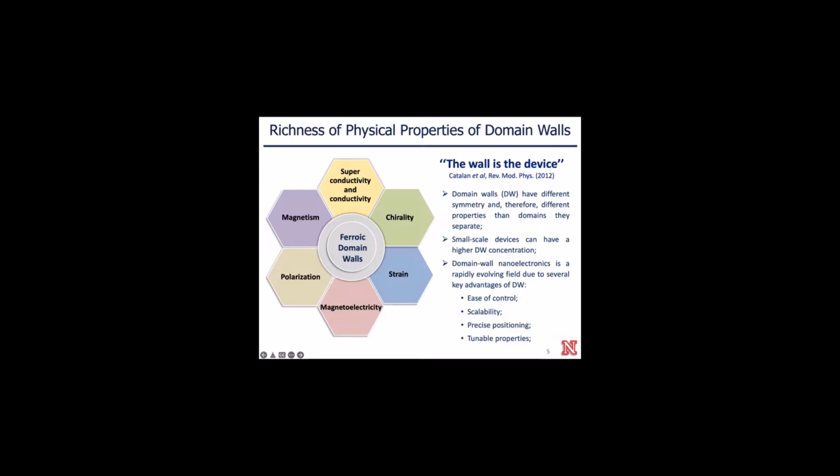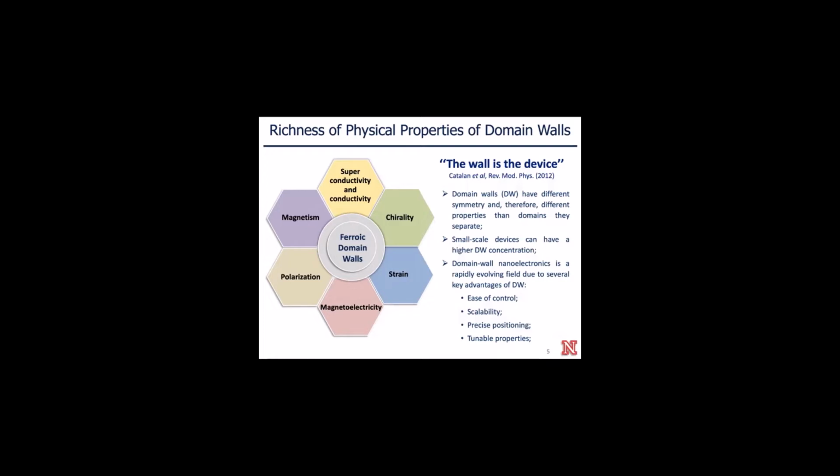So the key feature of the domain walls is that they are two-dimensional functional objects, and they can be created, erased, or controllably moved from one point to another using precise positioning methods by applying external electric or mechanical elastic fields. So their transport properties can be tuned by electrical or mechanical or chemical means.